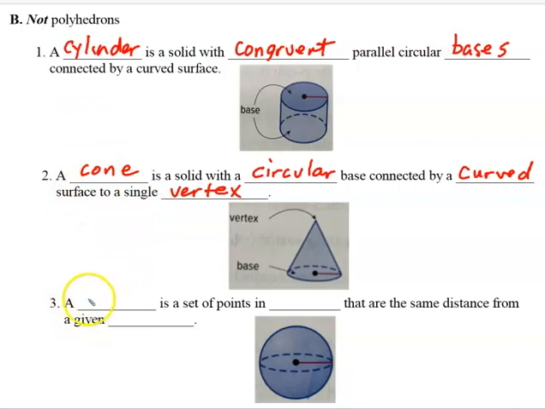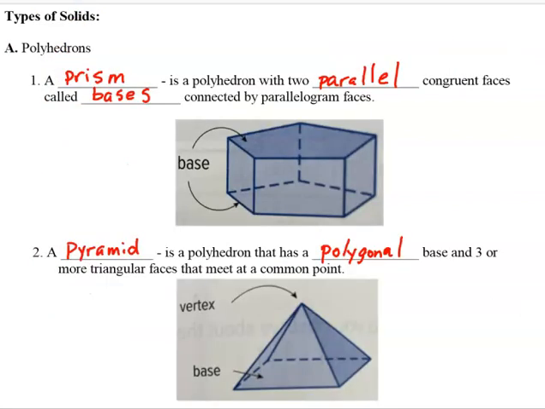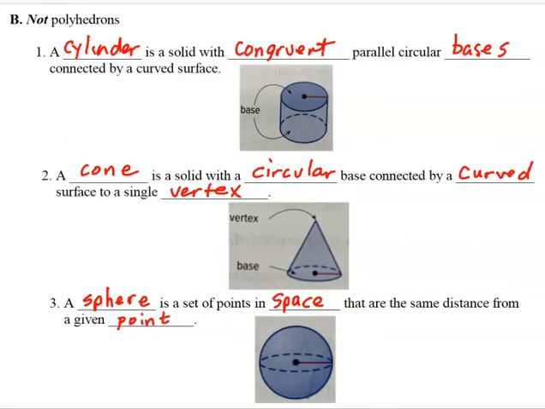And then finally we have a sphere. A set of points in space that are the same distance from a given point. So a three-dimensional circle, as it were. So these three do not qualify as polyhedra, but the previous two, prisms and pyramids, do. Just to distinguish between them.